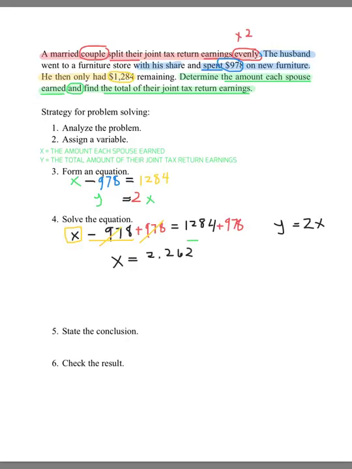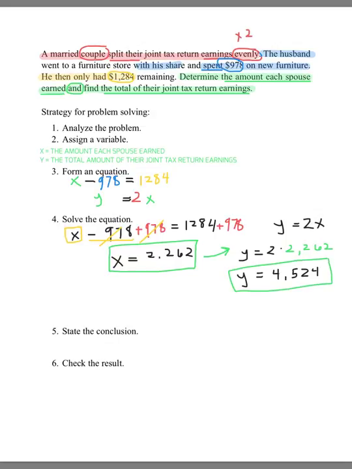So we have solved for X. Now we're going to plug this into our second equation and solve for Y. So we're going to have Y is equal to 2 multiplied by the value of X, which is 2,262. Once we carry out this multiplication, we find out that the value of Y is equal to 4,524. So there we go. We've officially solved for both variables.